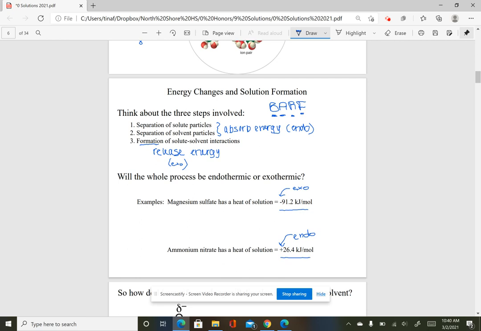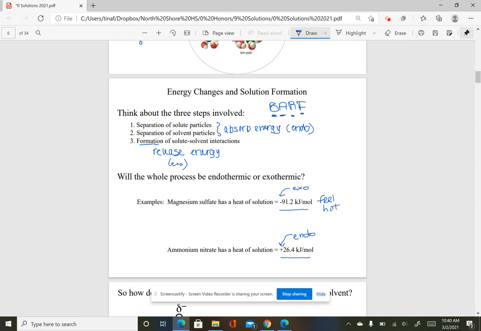If you're actually doing the reaction or making the solution in class, then when you feel the test tube or whatever container you're doing this in, if something dissolving is releasing heat, that heat has to go somewhere and it's going to go out into the environment. It's going to go out into the surroundings. So if I'm holding this test tube, it's going to feel hot. And that's how I know it's exothermic.